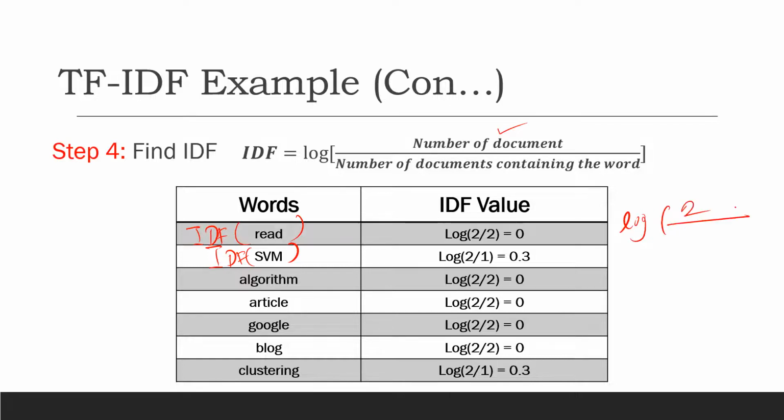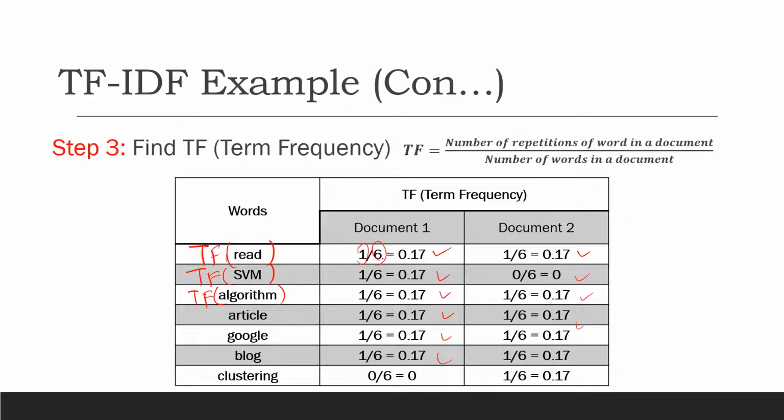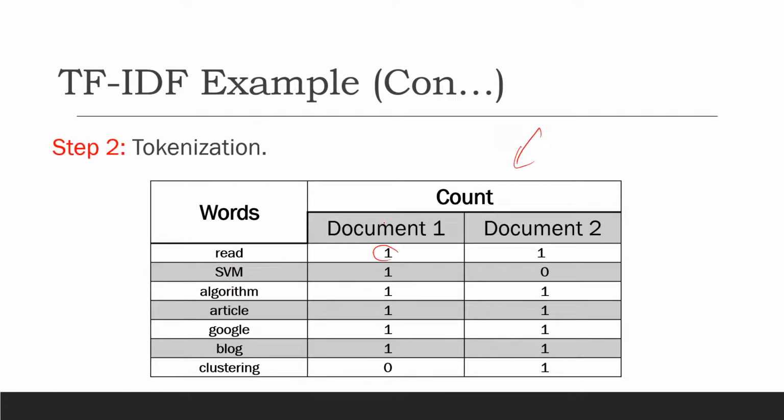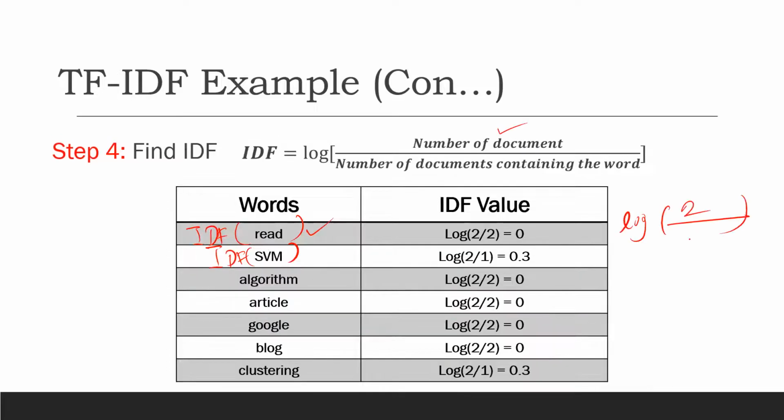Among the 2 documents, how many documents contain the word read? Someone tell me. This word is contained in document 1 and document 2. So I am putting here 2 divided by 2. So log 1 is equal to 0.